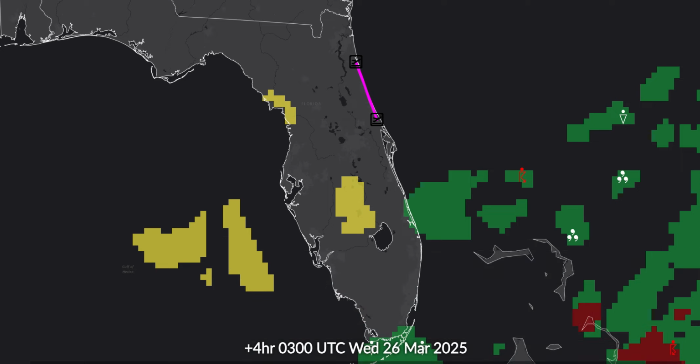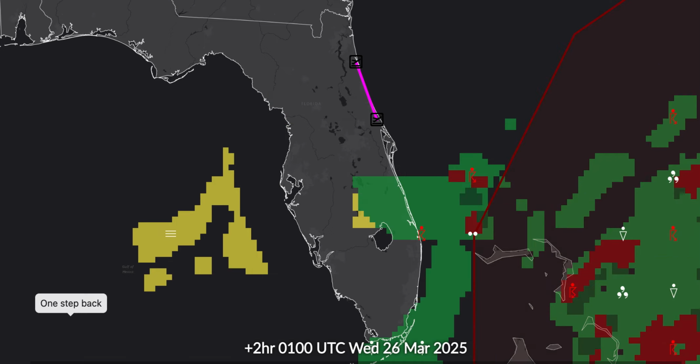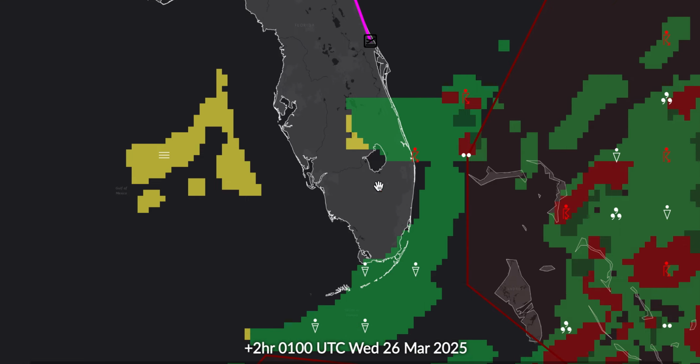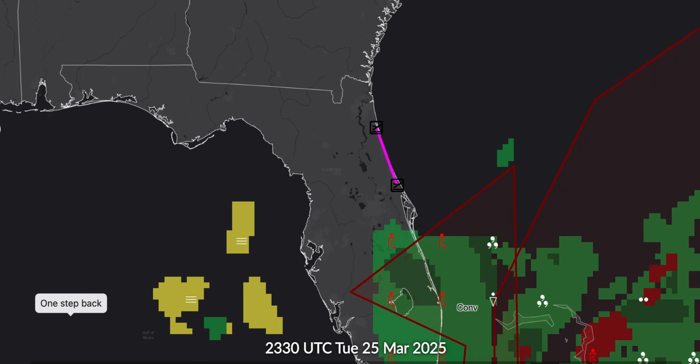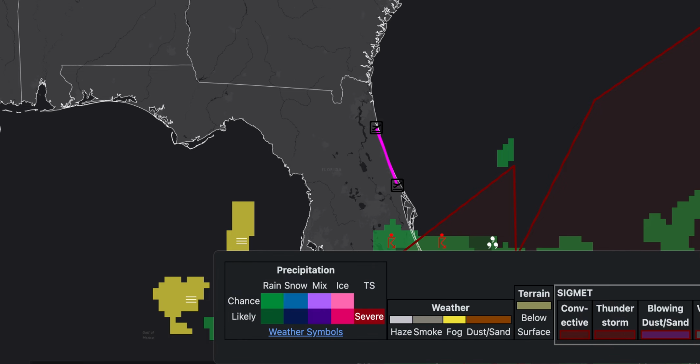But honestly, this looks pretty good. If I bring the dial back, we can see that it's concerning down in this area, but where we're at, it's very non-existent.